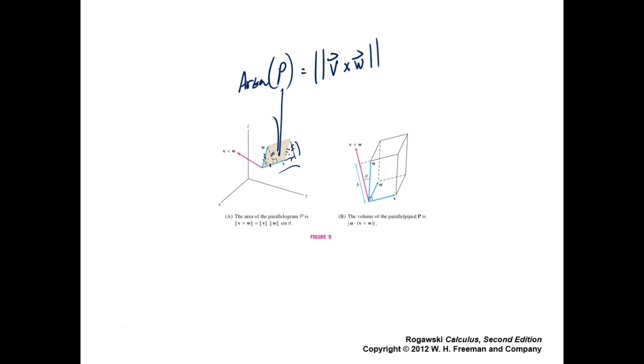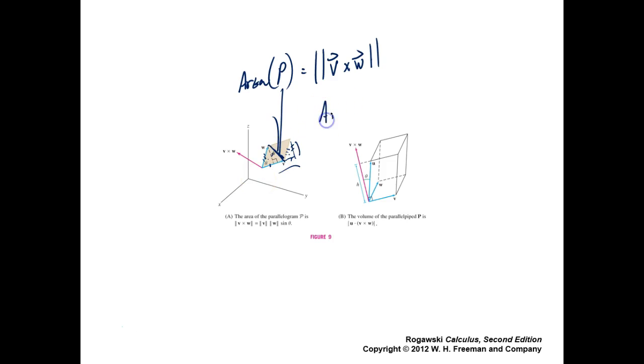Okay. I just now noticed they have something different here. The area of this triangle here, which is the triangle that ends at V and W, that triangle is exactly half the area of that parallelogram.